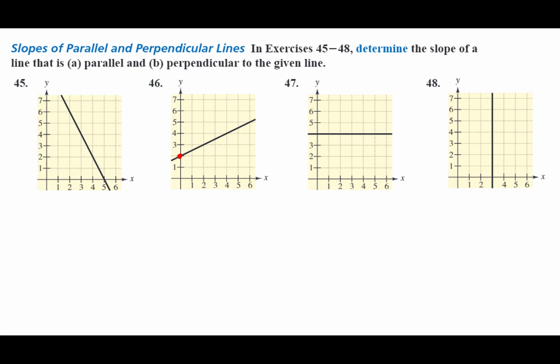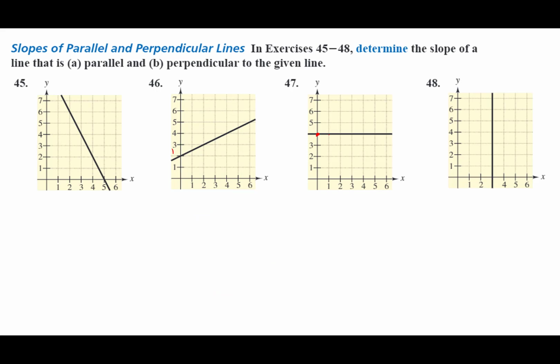I'm going to just circle where the line crosses right at the grid. And we always read these graphs left to right. And so this is up 1 over 2, up 1 over 2. And so the slope of this line is positive 1/2. That means the parallel slope is also 1/2. And the perpendicular slope, this is the opposite reciprocal, so it would be negative 2.